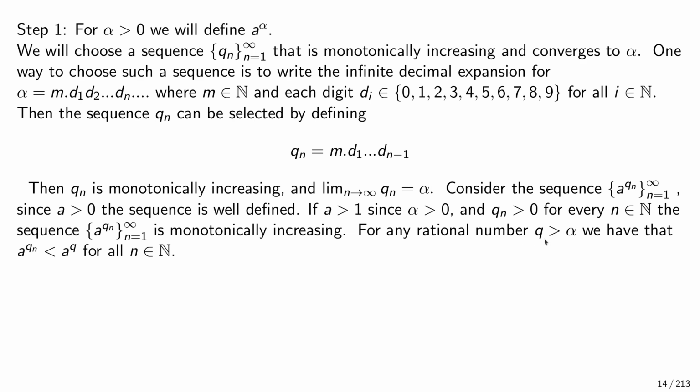Moreover, for every rational number q that is greater than alpha, we're also going to have that a to the power of q is greater than a to the power of Qn, because Qn is smaller than alpha, right? Alpha separates those two. And therefore, this is the ideal setup of the monotone convergence theorem, which we would like to invoke here.